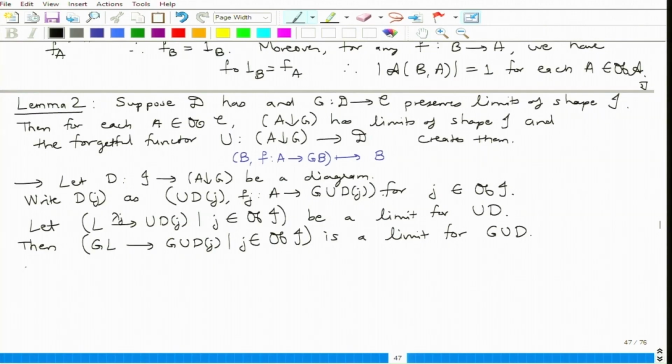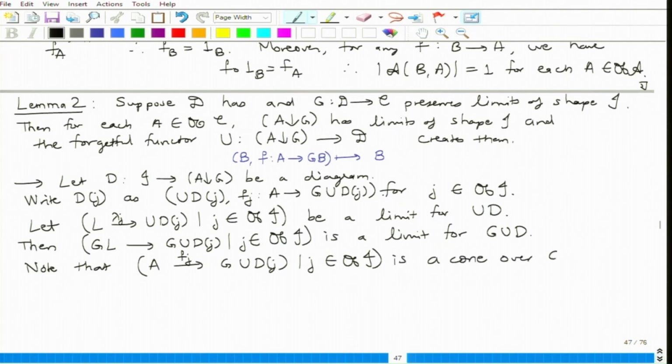Okay, so now let's write down the observation that I made earlier. Note that A to GU dj, what is this morphism? This is Fj, where j is in the objects of J, is a cone over GUD.